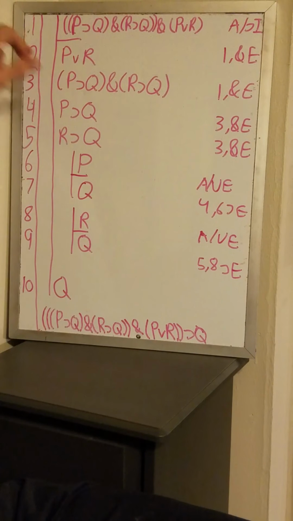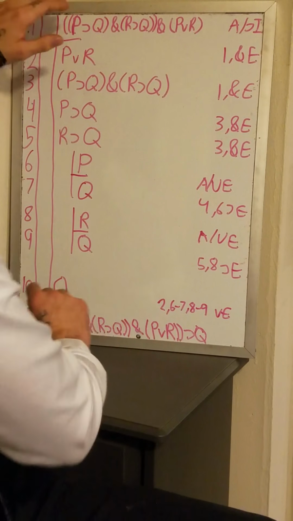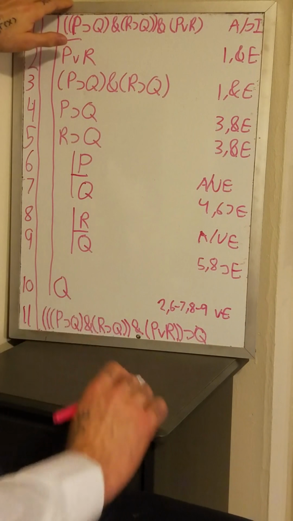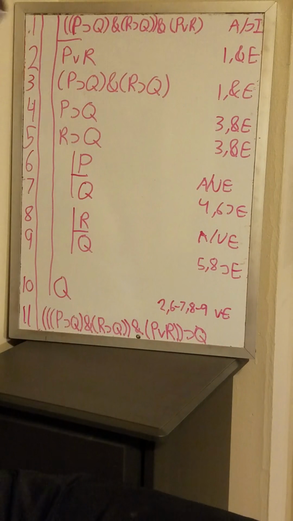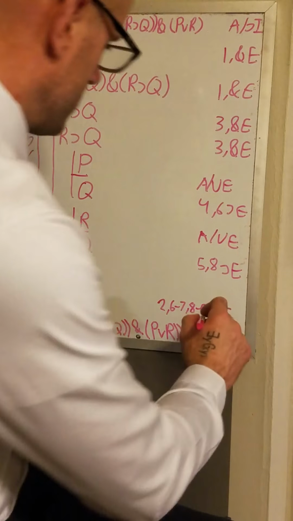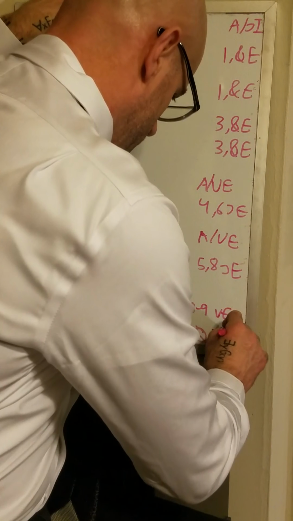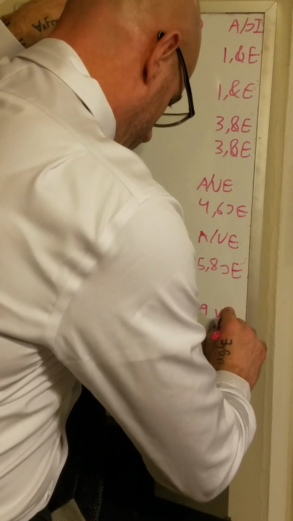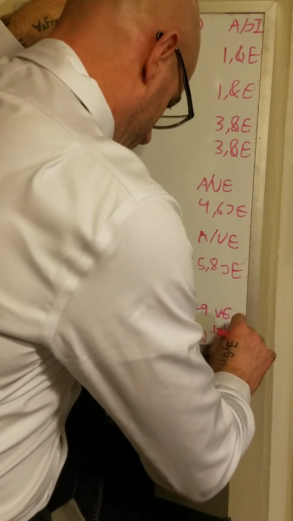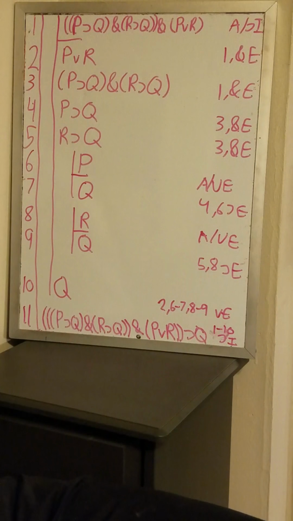And now we're able to finish this off, line 11. Conditional introduction, lines 1 through 10. And that completes this proof. It was a lot simpler than it looked.